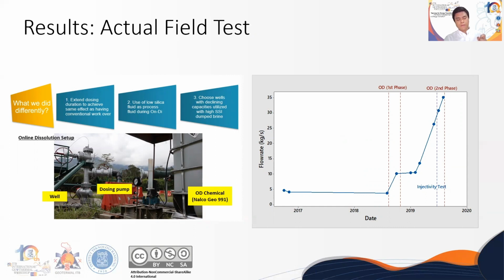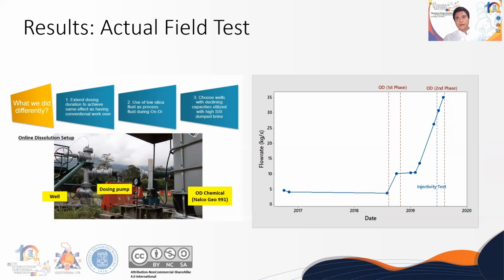For this particular test, we used condensate. The target well has a starting flow rate of 4 kilograms per second, and during the first online dissolution phase, we were able to achieve 10 kilograms per second after 33 days of dosing, consuming approximately 2,000 kilograms of the dissolver.